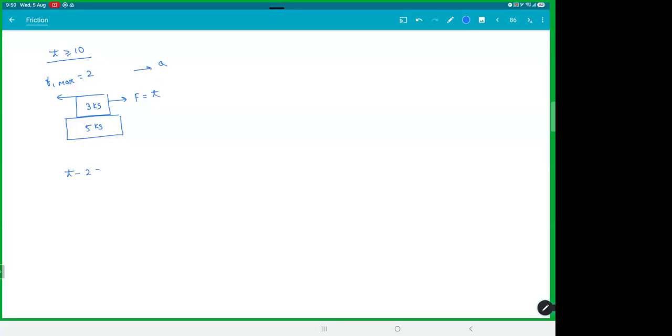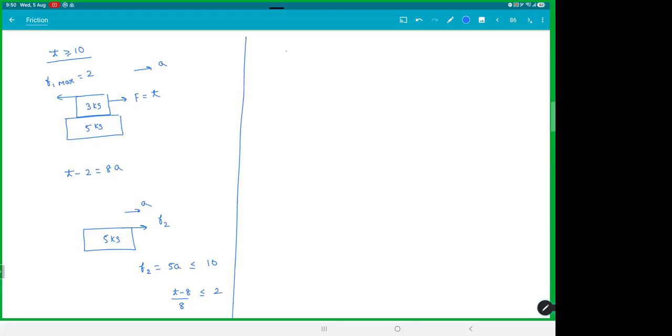This will be t minus 2 is equal to 8a. This also is looking the same. Take 5 kg there, and this time it will take F2. F2 is equal to 5a. This is less than or equal to, how much was this? 10 newtons. So t minus 2 by 8 is less than or equal to 2. So we get t is less than or equal to 8 to 16, 24 seconds.